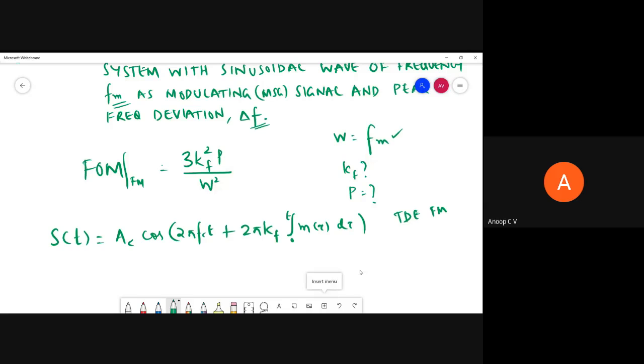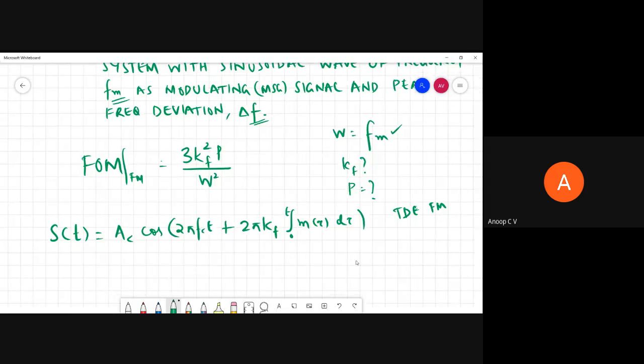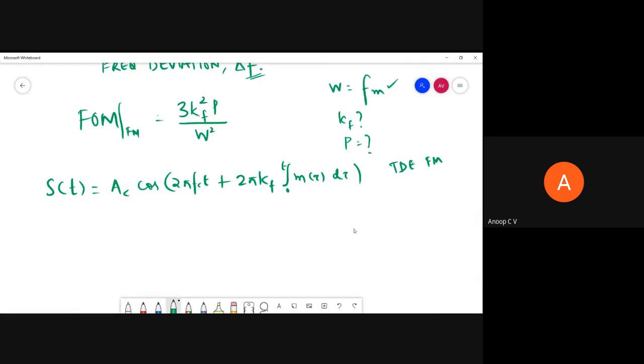Now maybe we'll write how it changes if it is a single tone modulation system. We have already seen this: s of t will be Ac cos(2 pi fc t plus beta sine 2 pi fm t).